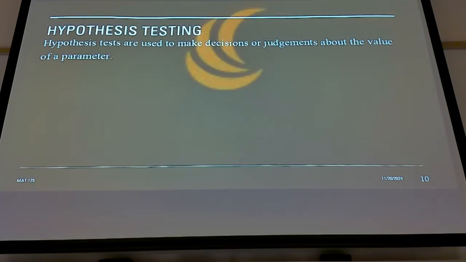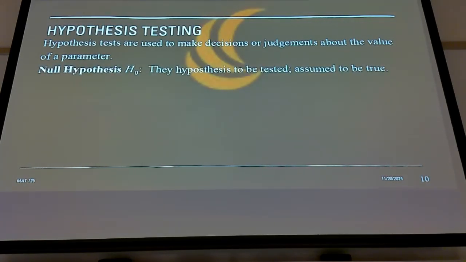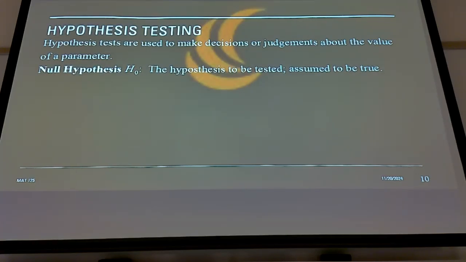So when you do a hypothesis test, you have two statements. You have what's known as the null hypothesis, H naught, which is the hypothesis to be tested, and it is assumed to be true.